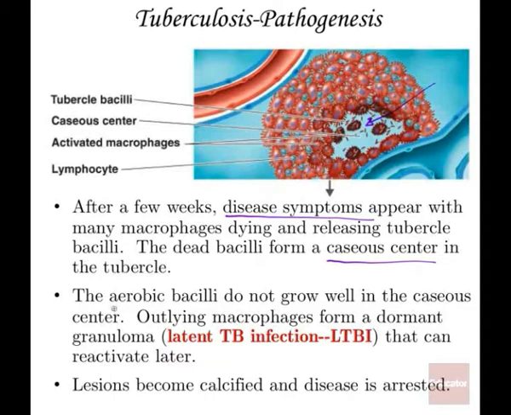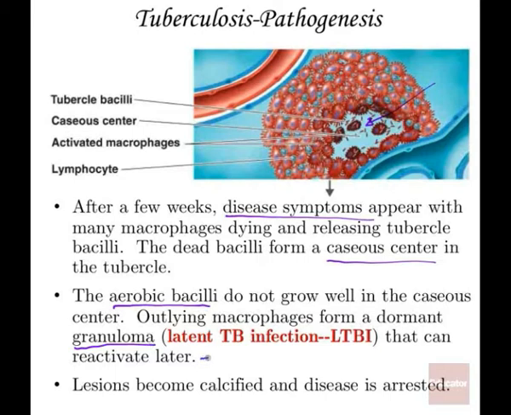So these aerobic bacteria do not do very well in the center, and so then they end up dying out, and these outlying bacilli and macrophages can then even form what's called a granuloma. And these granulomas can actually get quite large, and they can stay dormant for a long period of time.